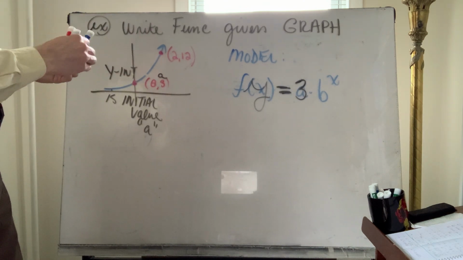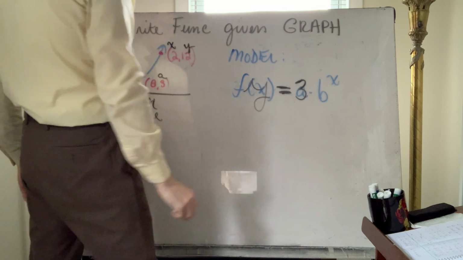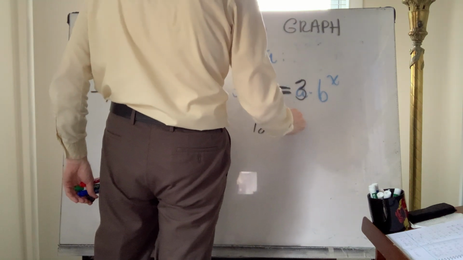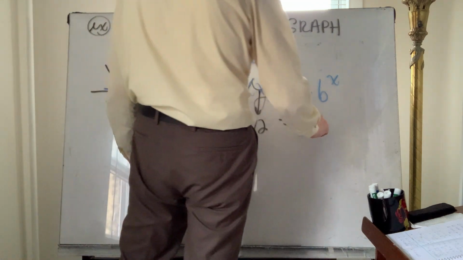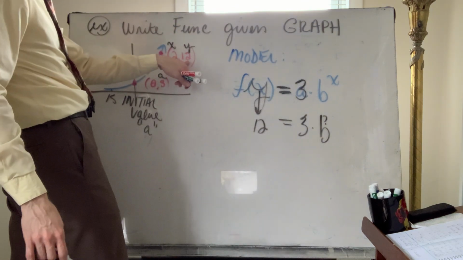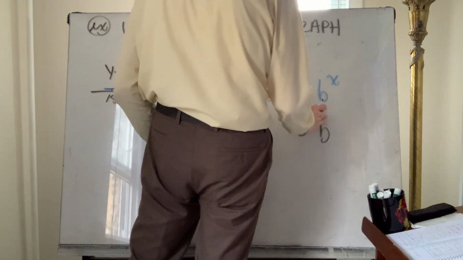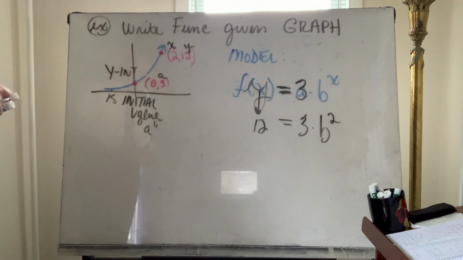So this is an x, this is a y. In place of y, we would put a 12. There's a 3 here from the starting point that we know. The b is what we're looking for, and the x value at 12 is 2. So it's b squared.